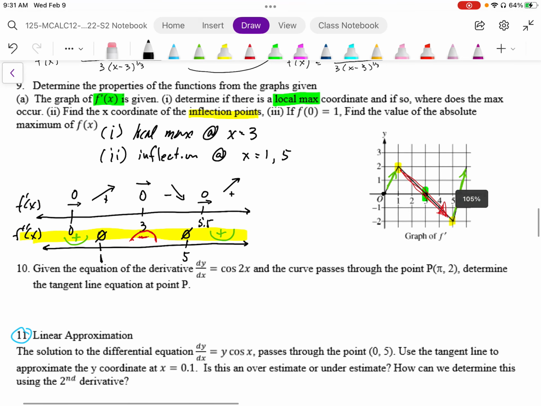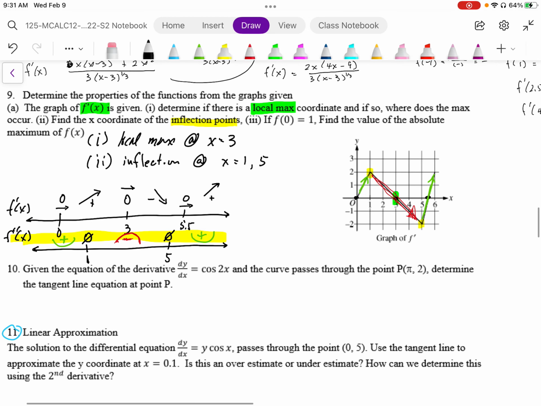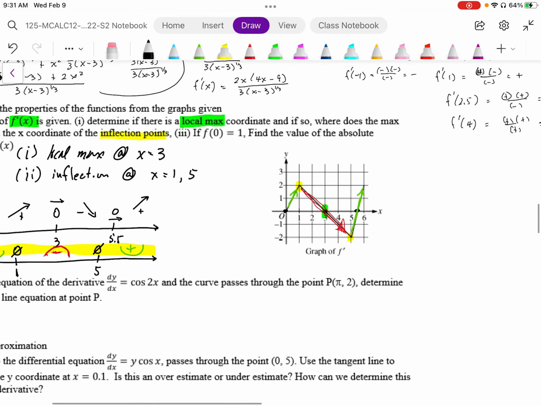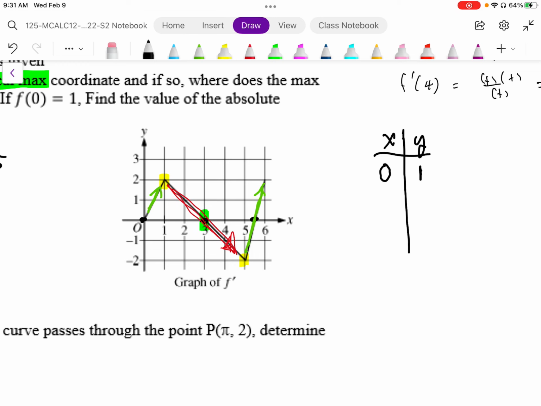The last part is using the fundamental theorem of calculus. I know that at 0, the y coordinate is 1, so I'm going to make a table of values here. At x is 0, y is 1. I know there's a positive displacement from 0 to 3 because I have positive slope. In fact, the area under that curve represents the displacement on the original y function.